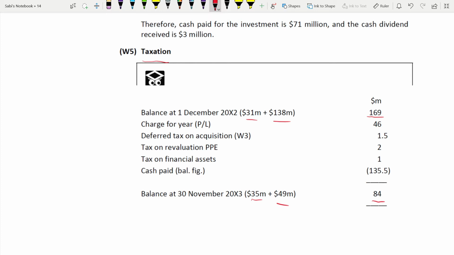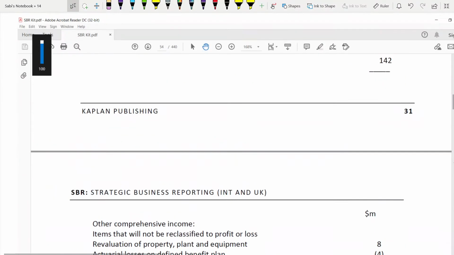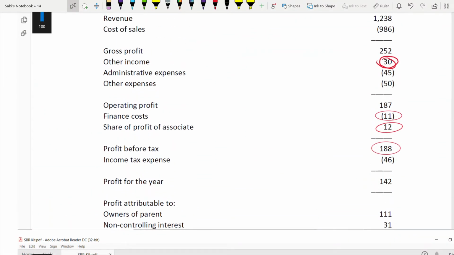Next, what is next? For deferred tax on acquisition, we just calculated 1.5 in working 3. When you acquire, there's a deferred tax on that which needs to be added. What is the charge? Whatever the amount goes in the profit and loss account, that needs to be added with the opening balance 46. That you will get from this income tax.